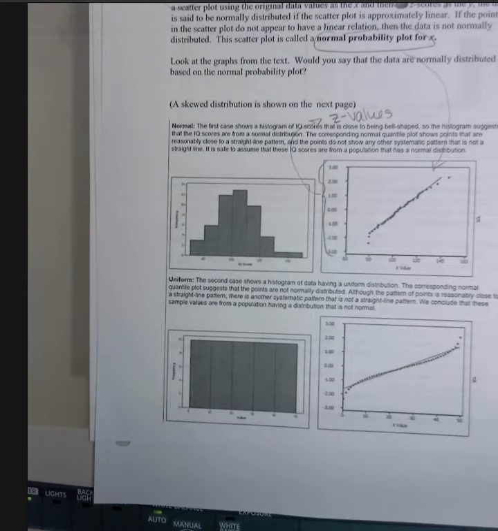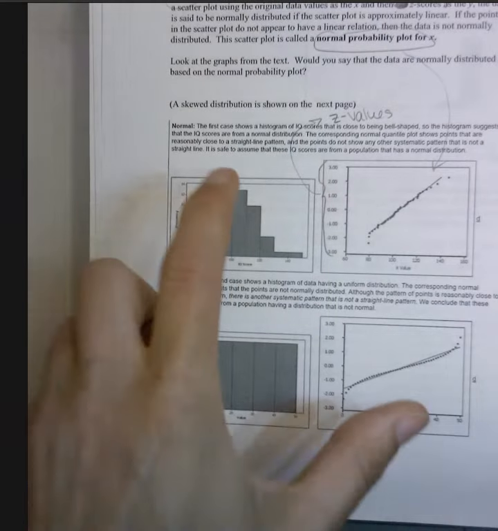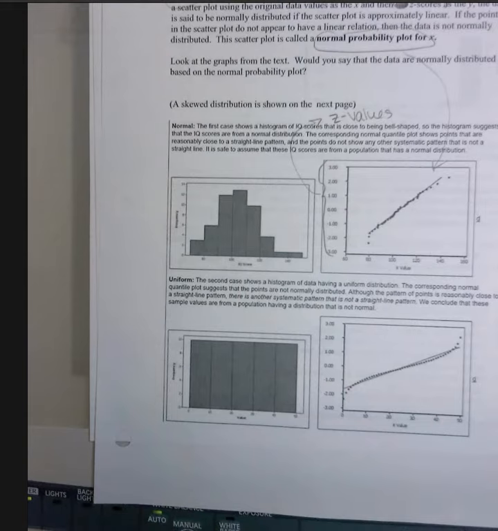You want both things to be good. You want the histogram to be bell-shaped, and you want the dots to be close to a line.